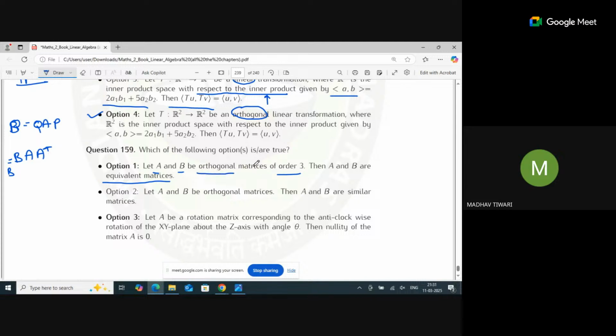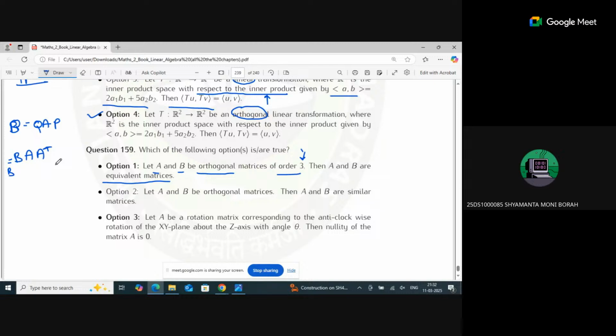In an orthogonal matrix, wherever you go, these are going to be square matrices. Why do you have to take square matrices? Let's say it is not square, then what is the problem? A into A transpose will be a problem. But here it is already given, order 3, so you have the choice.